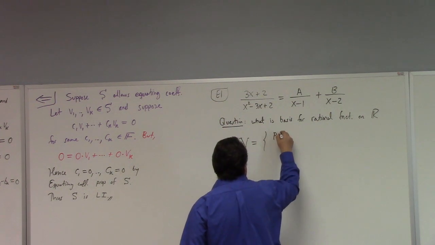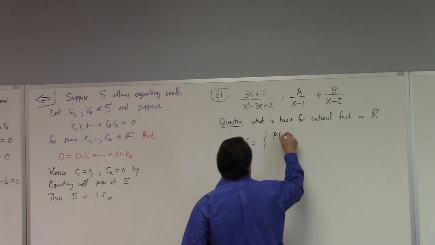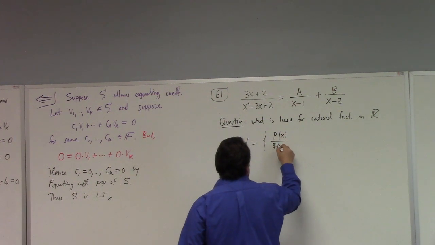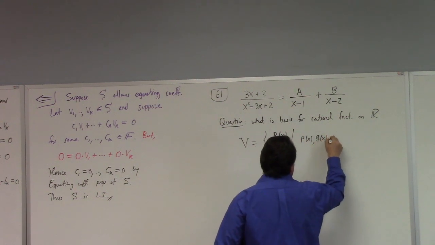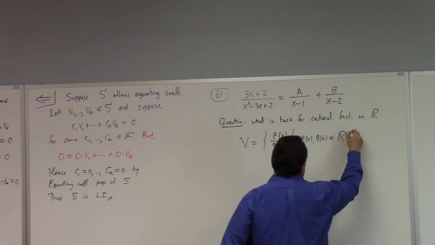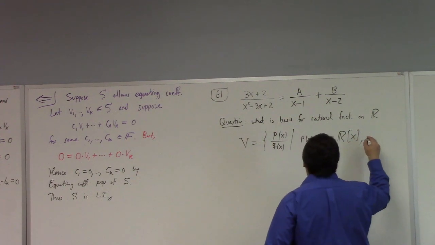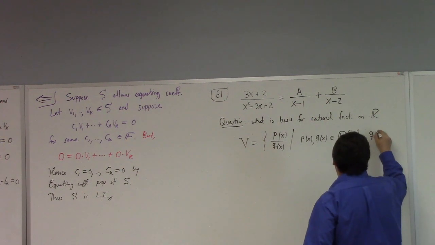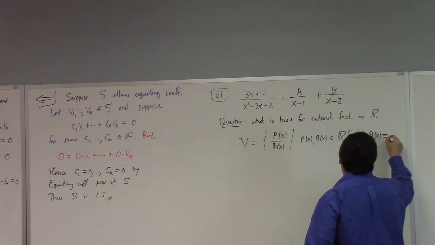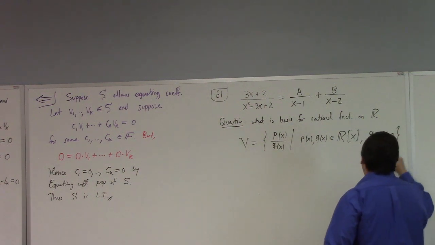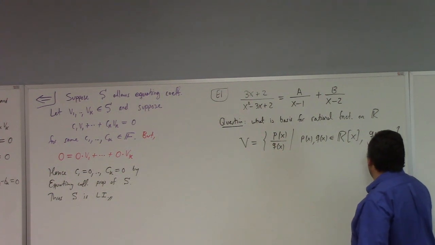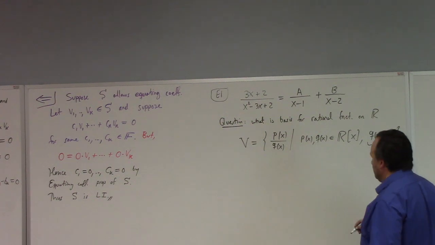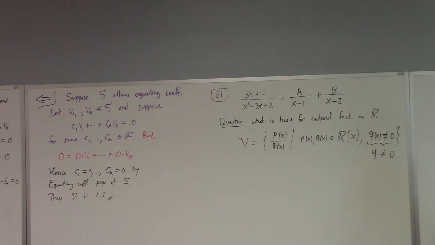So it is of the form p of x over q of x, such that p of x and q of x are elements of, in our current notation, R[x]. And there is some fine print here. q of x is not identically equal to 0. If you'd prefer, I could replace this with the statement q not equal to 0, thinking of q as a function.